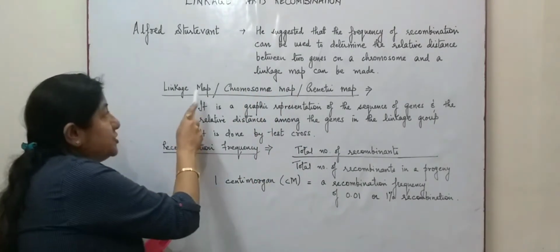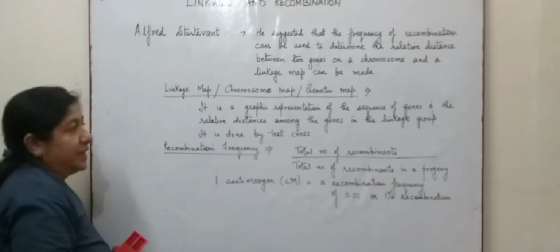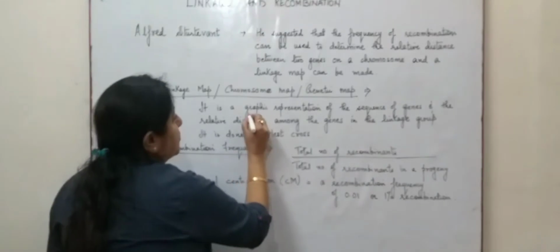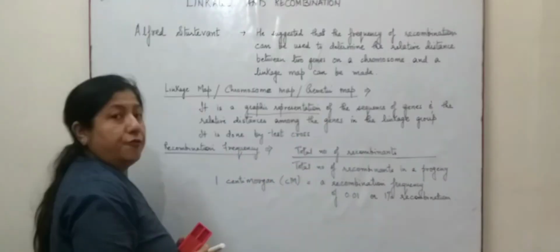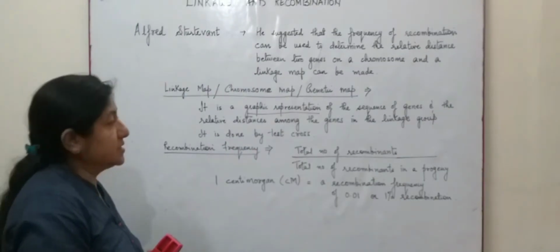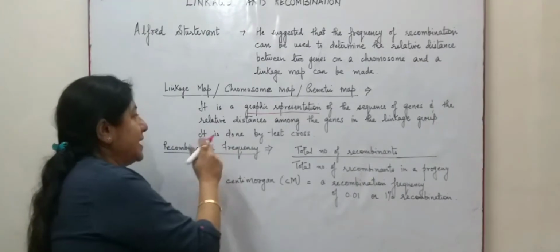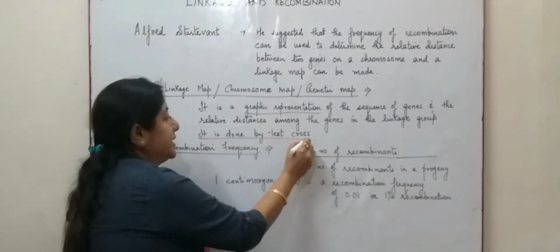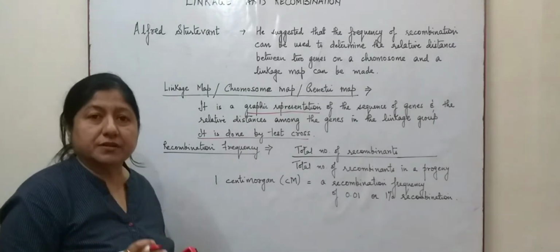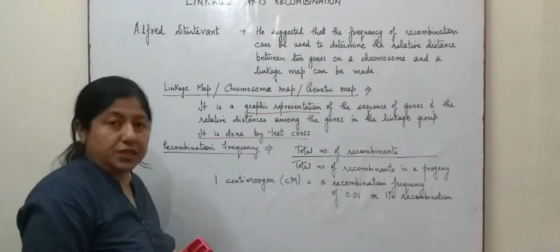So the linkage map, also called the chromosome map or the genetic map, is basically a graphic representation of the sequence of genes and the relative distance among the genes in the linkage group, and it is done by test cross. So the test cross method is utilized to trace the position of the genes.